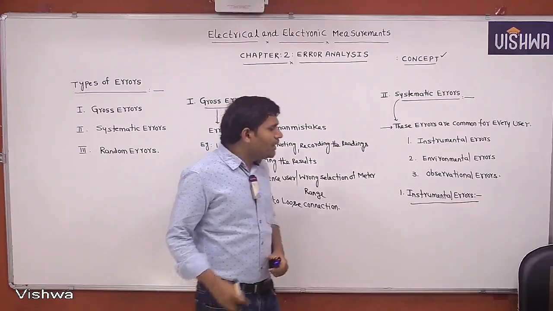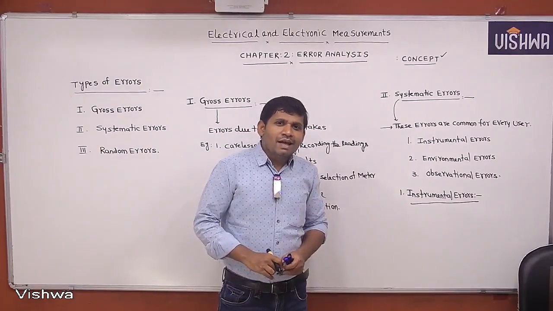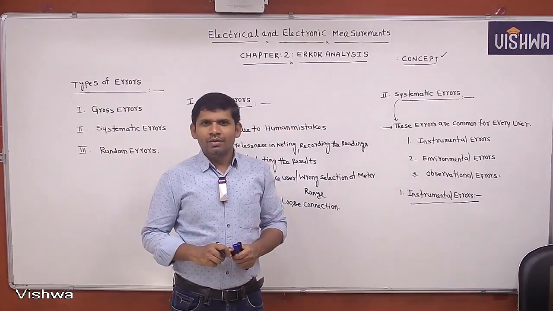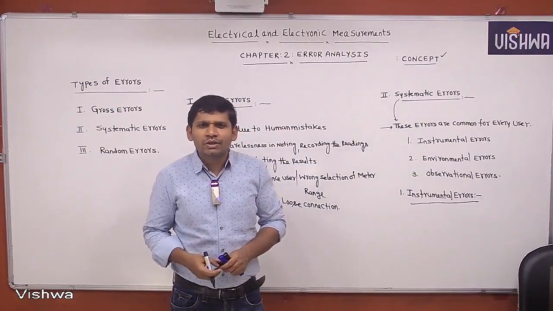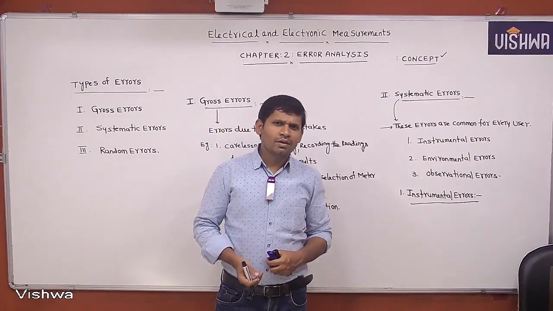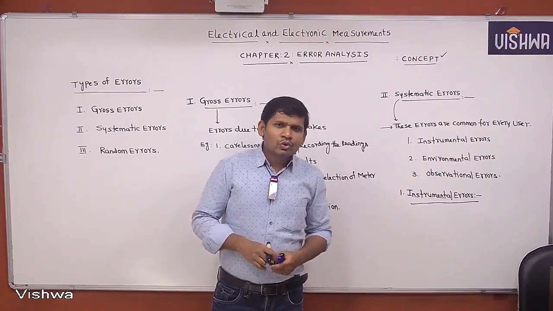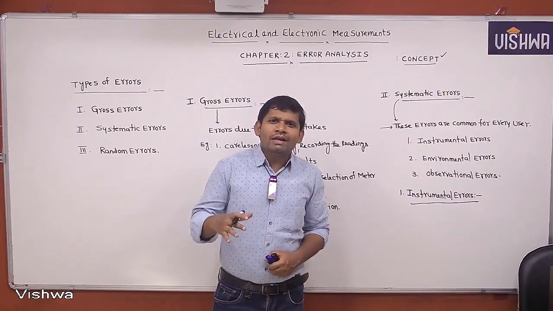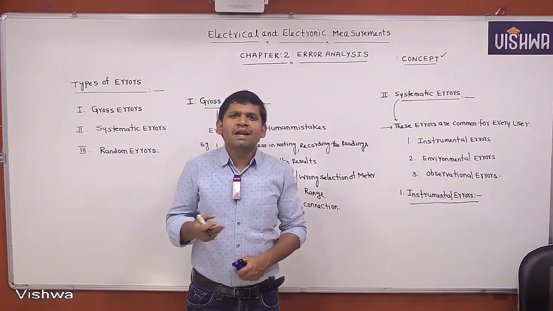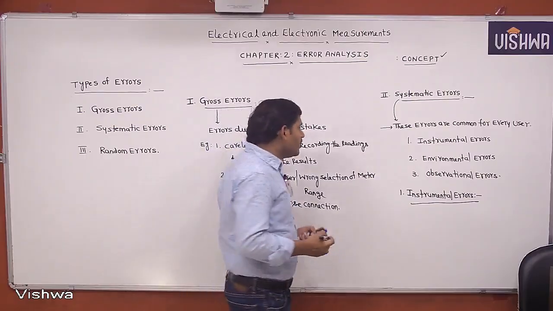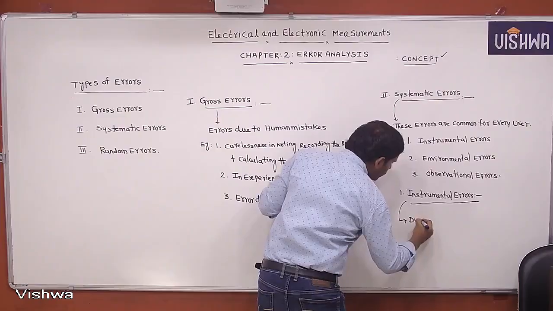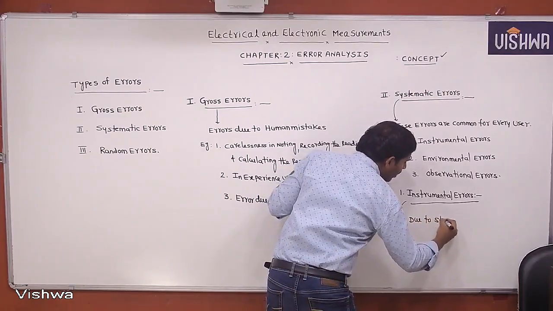What do you mean by instrumental errors? These are the errors due to the structure of the instrument. Based on the structure of the instrument we are using, we can get some error, that is nothing but instrumental errors. Or these are the errors due to low quality or substandard materials used in the instrument.